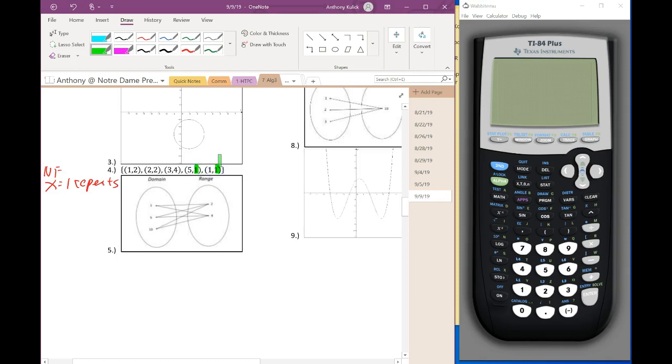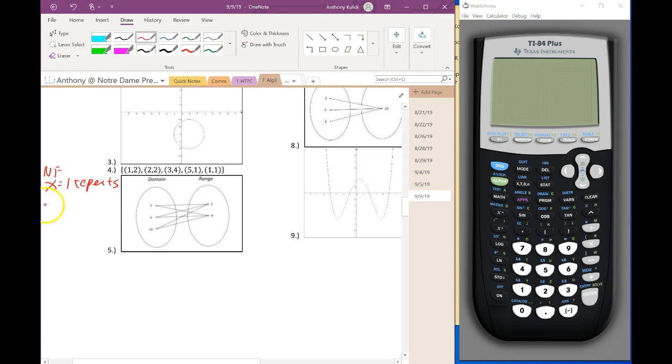So we should try to be very clear that we're talking about an x-coordinate that's repeating. Specifically, the value x equals 1 repeats. Everybody's okay with that idea? So again, just be a little bit careful on how you're communicating that, because if you just tell me 1 repeats, I don't know if you're talking about a repeated x or repeated y. And while it's clear to you, it's not clear to the reader which one you'd be talking about.